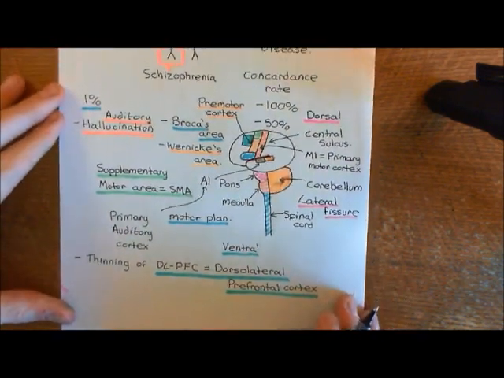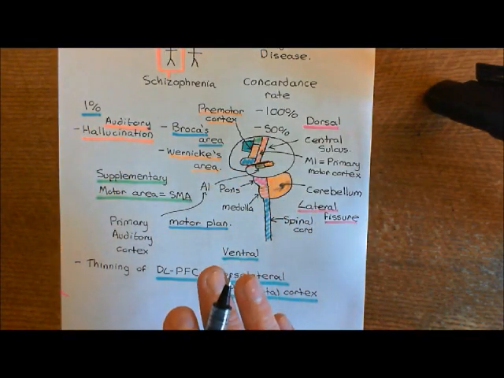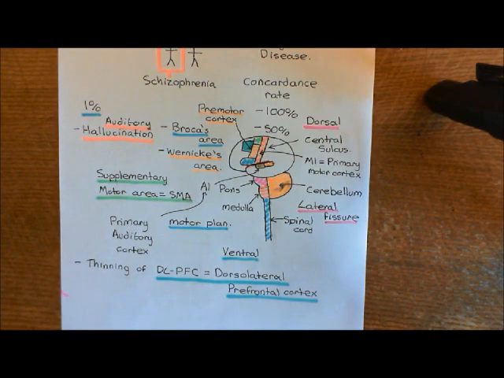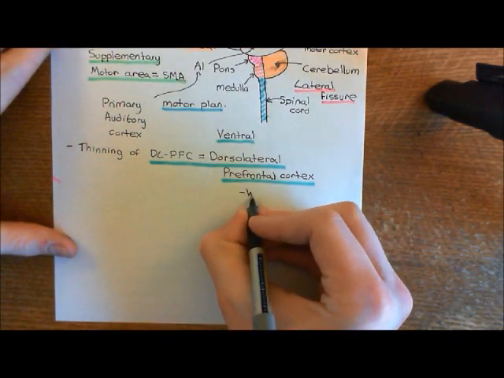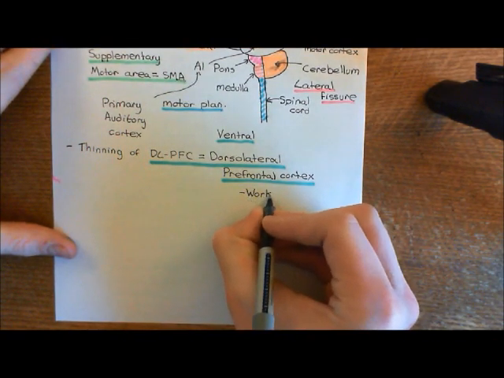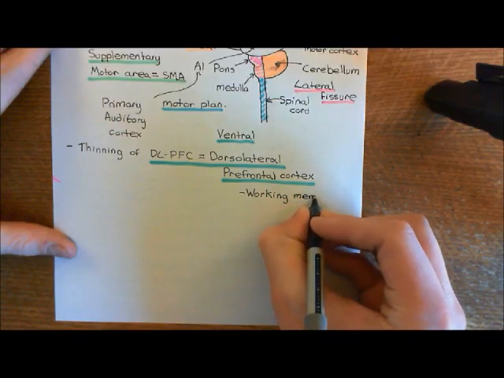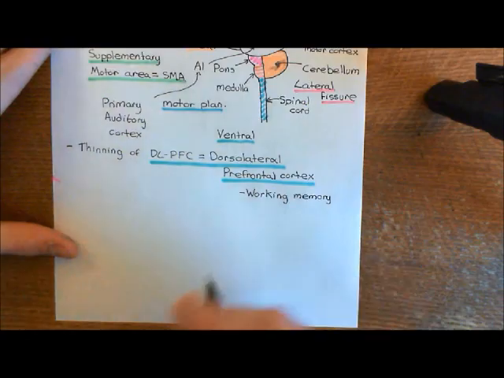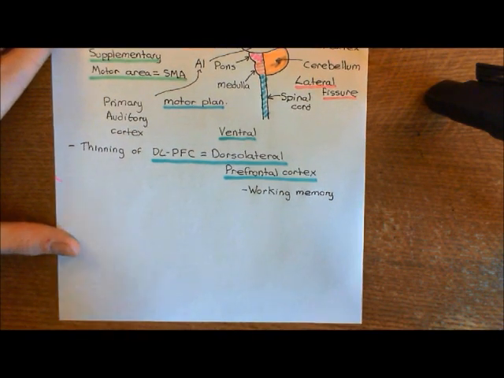So, what is this area of the brain involved in doing? Its role is in working memory. It's extremely important in working memory and also in executive control. Remember, working memory was the ability to remember a string of numbers that you are presented visually, or through auditory means.